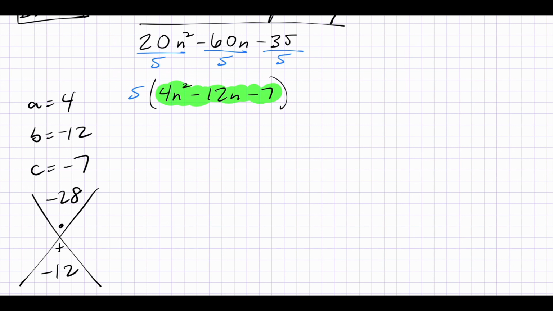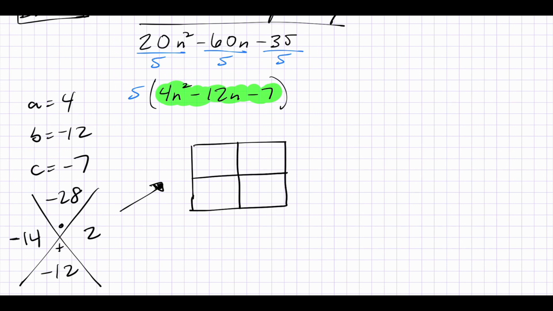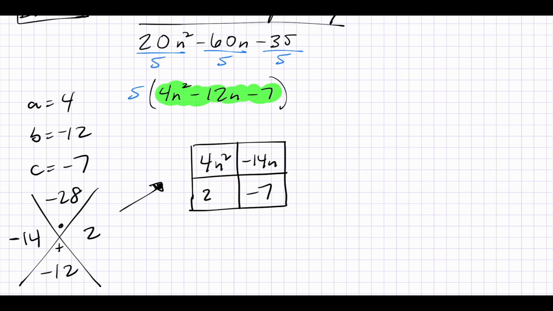So the 2 numbers that multiply to be negative 28, but add up to be negative 12: 14 and 2, but negative 14. Okay. So then we have the box. So in the green, 4n squared goes up here, negative 7 goes there, and then minus 14n and positive 2n.